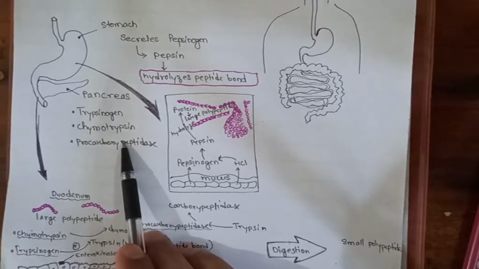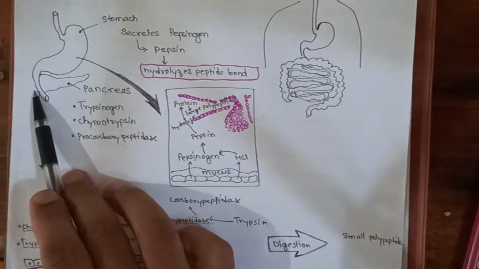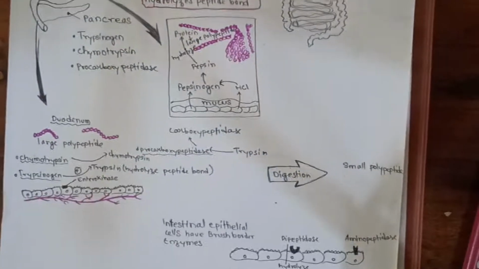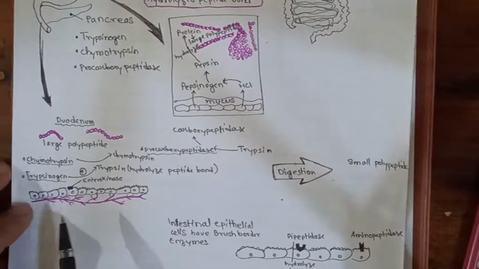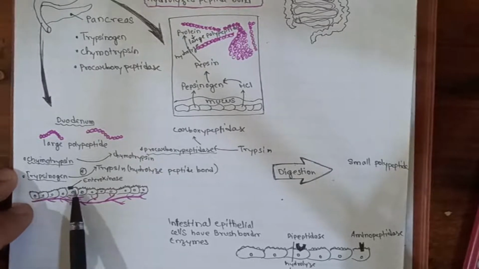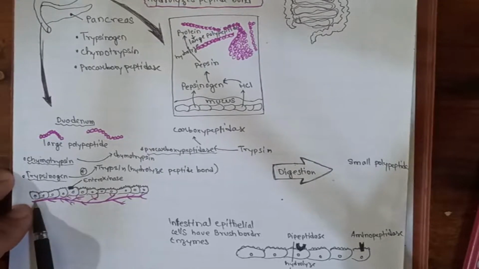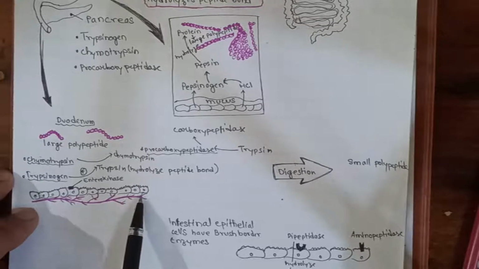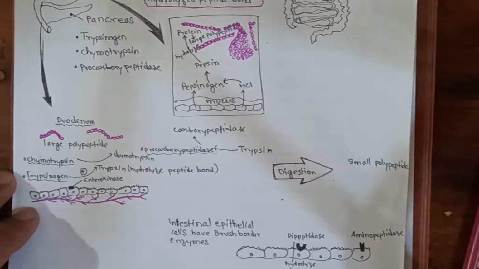So now let's have a look inside of the duodenum. So here we have the cells of the duodenum. At the bottom you can see the blood vessels.